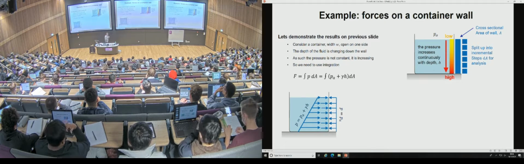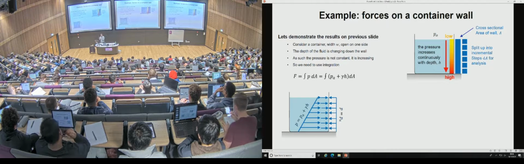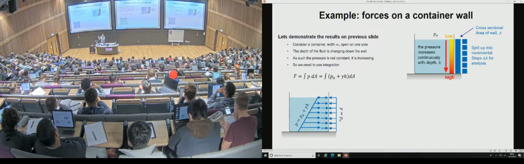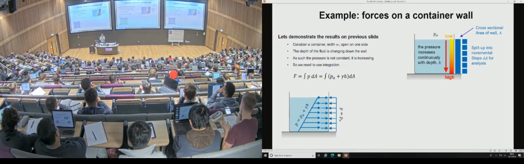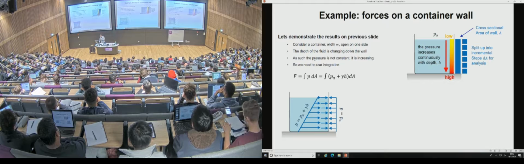A few things we can do to simplify this expression. The first thing, the special case that this is a container or a dam or a situation where you have a fluid on one side and nothing on the other, or just air on the other, is that we can simplify the balance of the forces. You can see in this diagram here, we have three pressure variations.